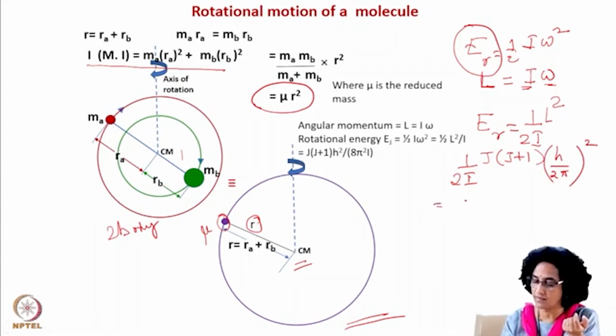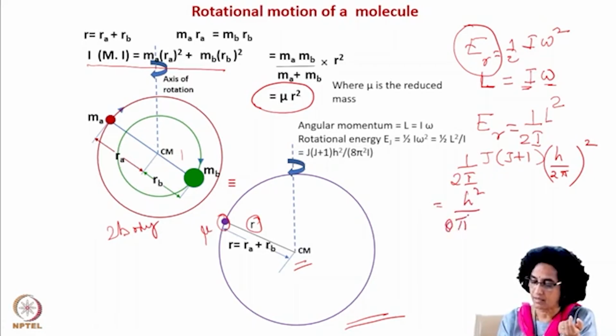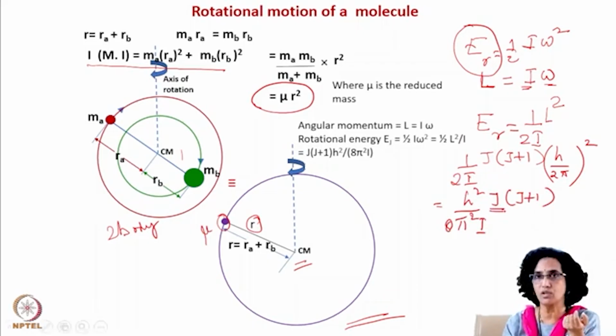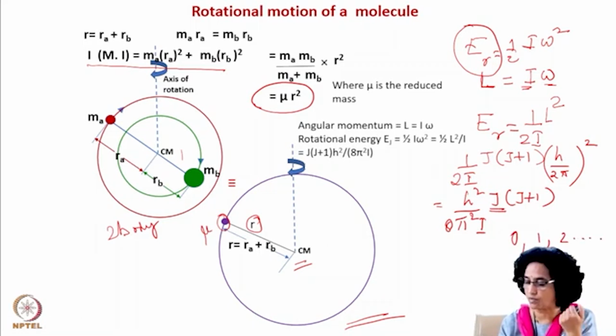So this can be rewritten as h square upon 8 pi square I times J into (J plus 1), where J is the rotational quantum number, and this also takes integer values starting from 0, 1, 2, and so on.